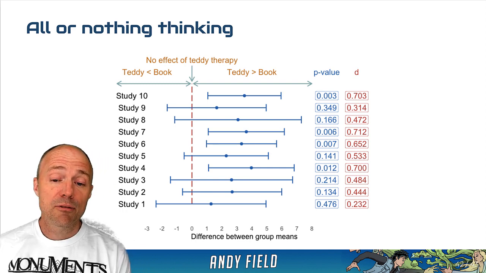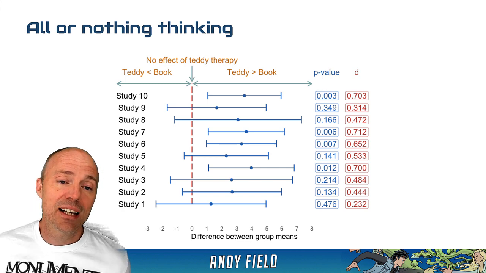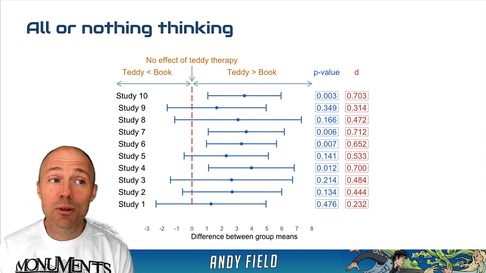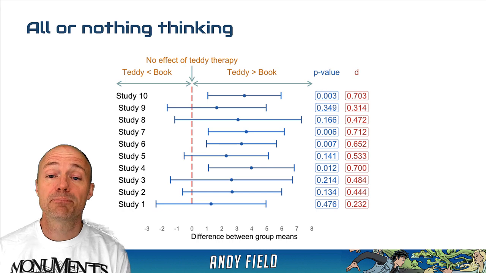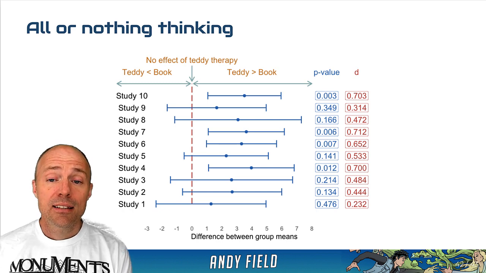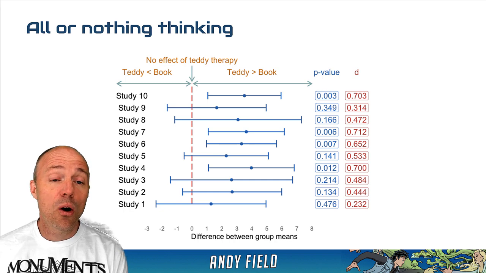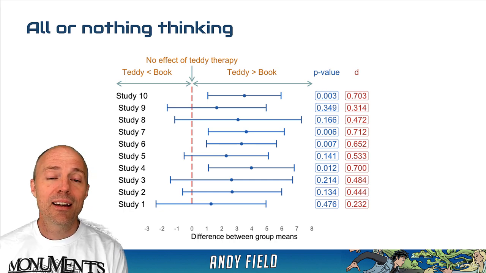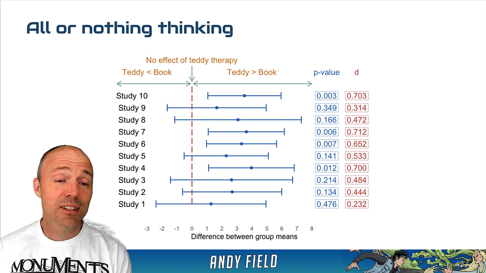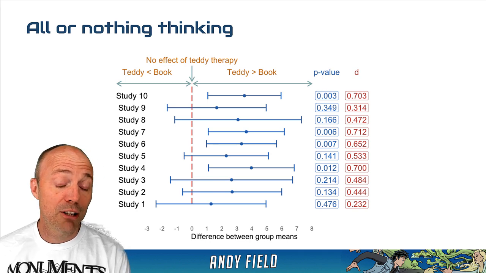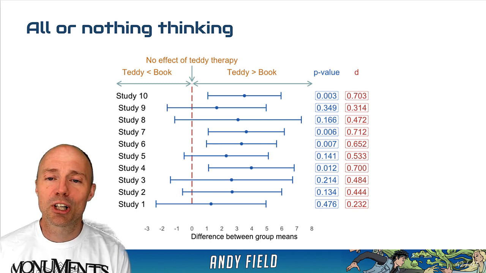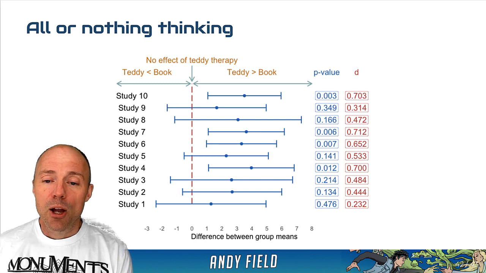The main thing to focus on here is how, again, effect sizes help us to focus on consistency in this case. So all of the effect sizes, all of Cohen's d's are positive values. So they all show that teddy bear therapy yielded higher self-esteem scores than the book therapy group, or the book control. So there's consistency.